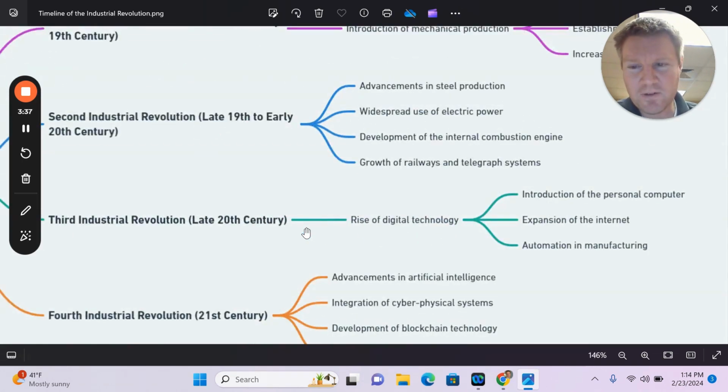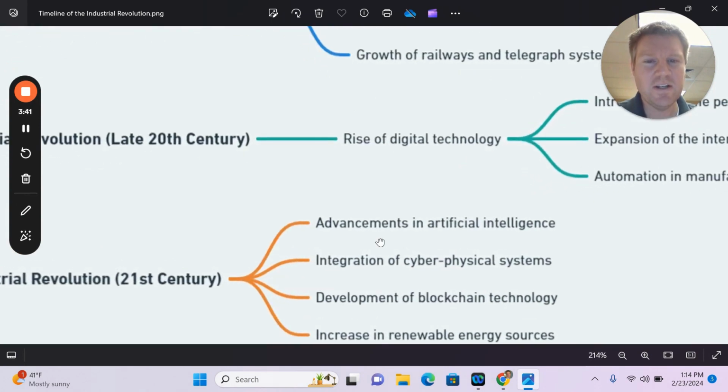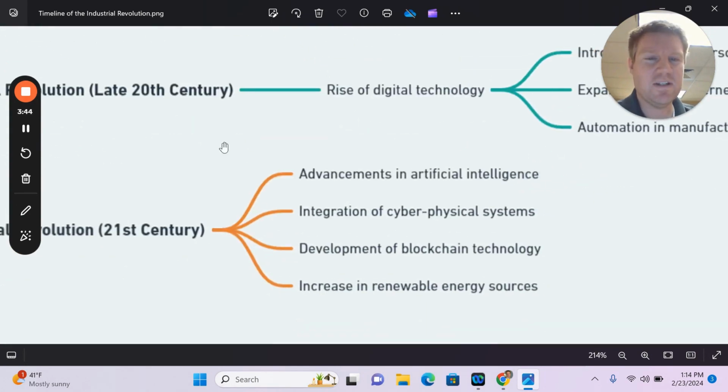And then we get to our fourth industrial revolution, the orange section here. That's where you get your advancements. It's what's starting maybe in the last 10 years, 15 years. You get advancements in artificial intelligence, integration of cyber physical systems.